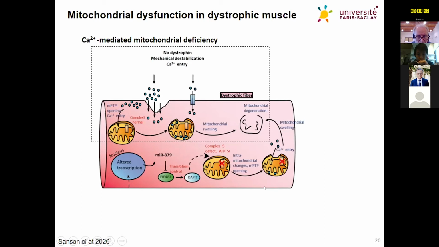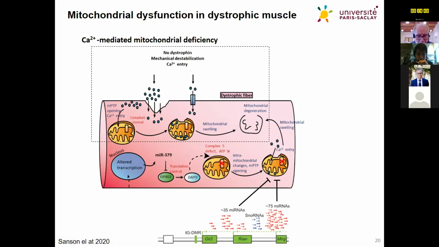This present study is a generalization of all the microRNA from the locus, way more than only one single microRNA. MicroRNA 379 is part of this, and we identified many targets of these microRNA in the mitochondria.